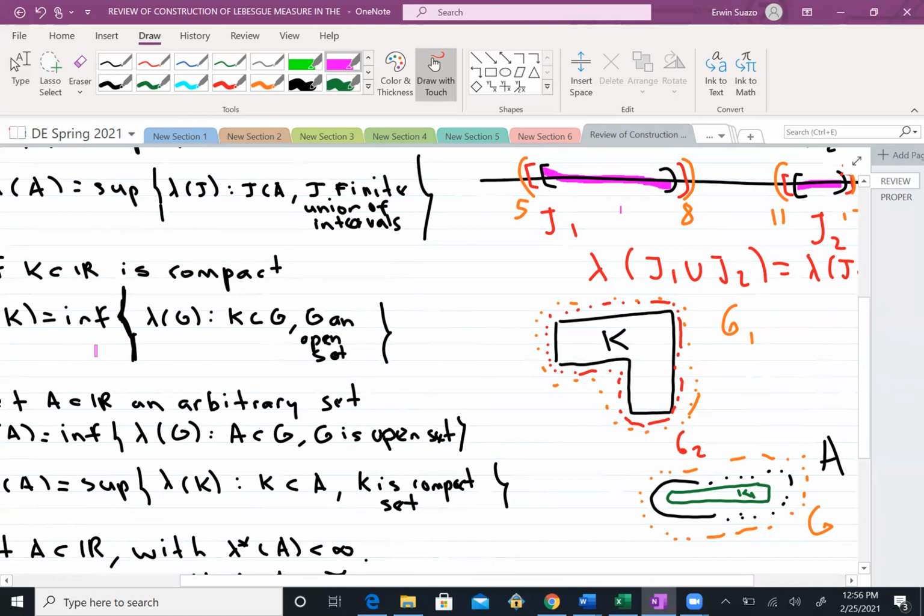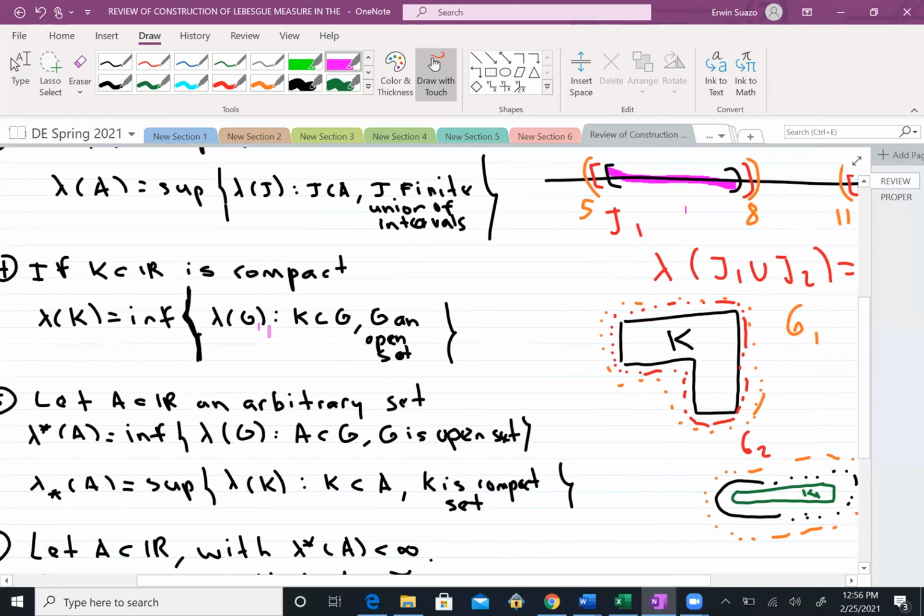So you have to take the open sets from the outside that contain K. For example, G1 is an open set that contains K.